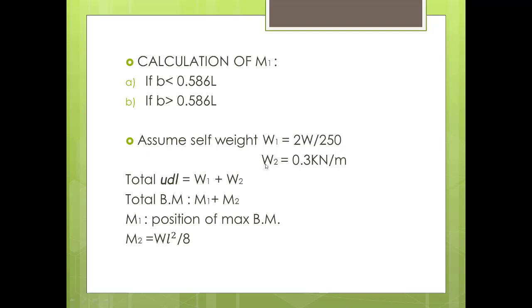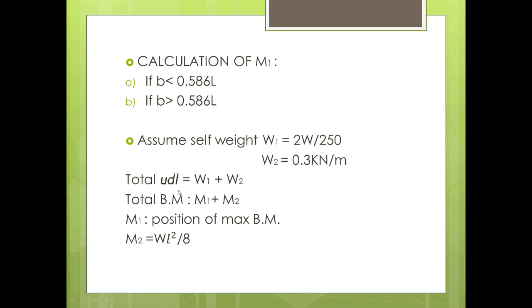Then W2 is the weight of rail. I have not written it here, but you can note it down. W2 will be 0.3 kilonewton per meter. Now the total UDL on the girder.